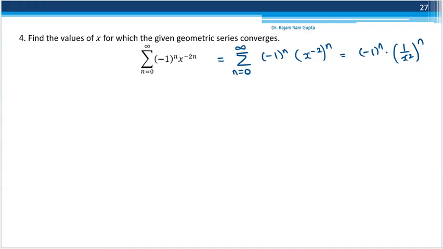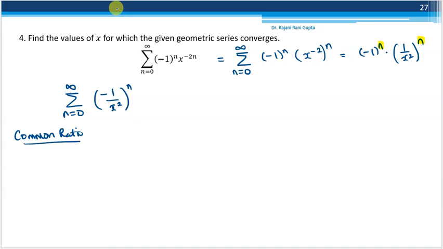Now we can merge these two terms together because both are having the same power. So we can rewrite our series as (minus 1 over x squared) to the power n. So we get the common ratio. Yes. What is r?